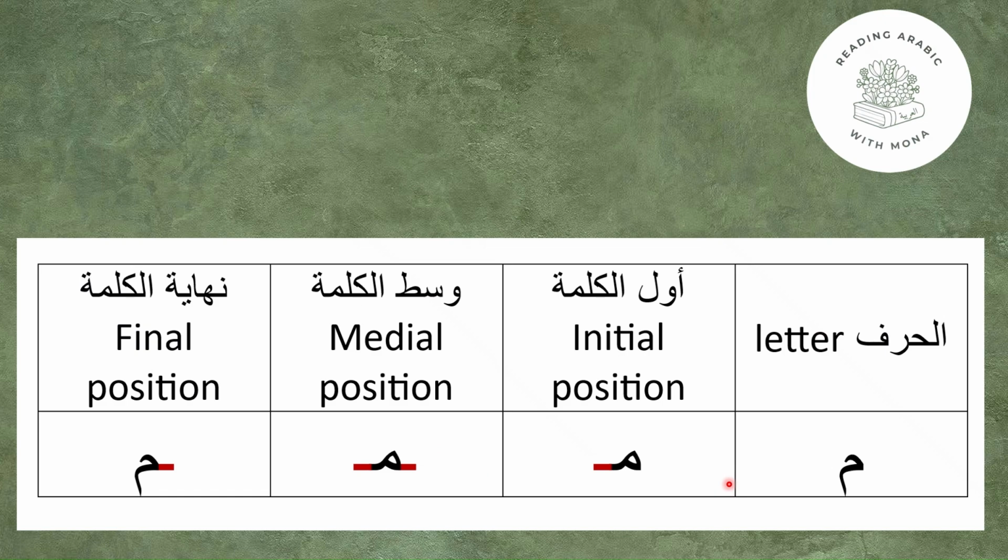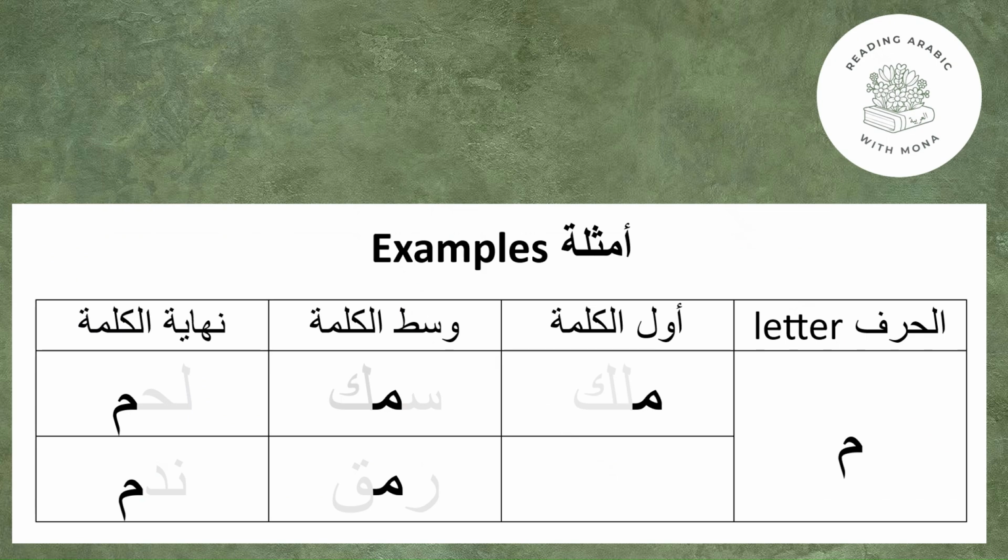And as you can see here, at the beginning and in the middle, we have the same technique of reshaping. And then at the end, we have the original isolated form. Let's look at some examples for the letter meme at different positions within a word and see how they blend.